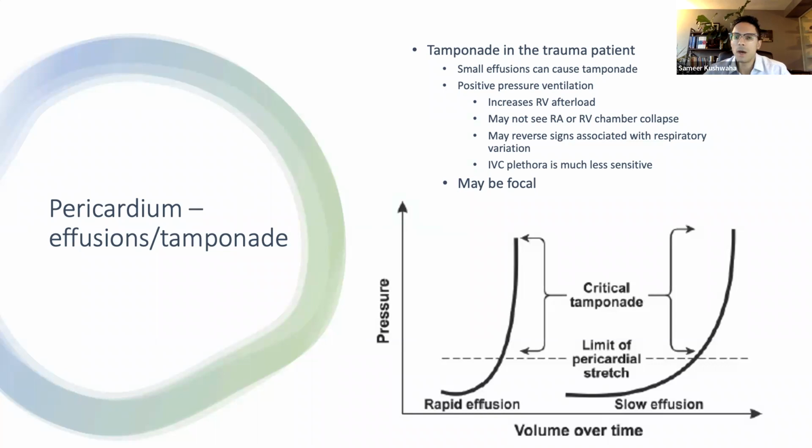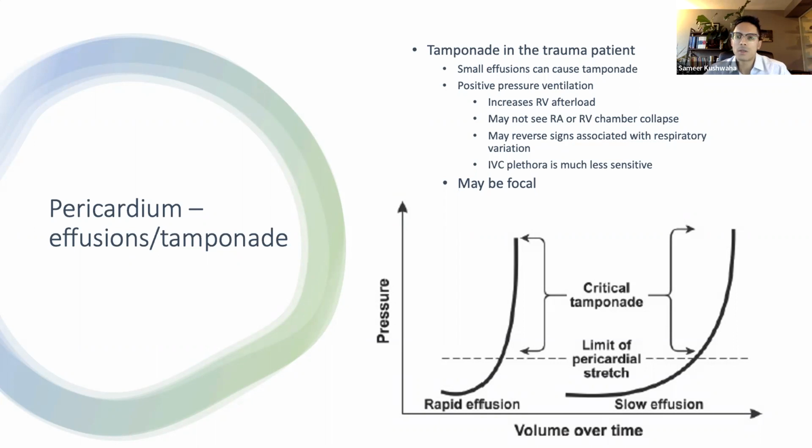This is compared to other causes of pericardial fluid accumulation, such as dialysis or renal failure, malignancy, tuberculosis, where the pericardium has a lot more time to stretch and is able to accommodate much higher volumes before it ultimately causes hemodynamic compromise.